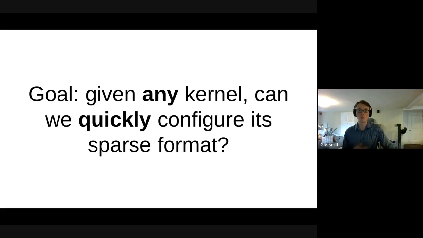We don't want to just take a kernel and then run an overnight process to check which sparse format is the best. We would like to, upon seeing a kernel for the first time, be able to quickly configure its sparse format. And really, here's one of the potential use cases: we could use it in a JIT if we had this auto-configurator that could do this quickly upon seeing a kernel for the first time. We could go ahead and use it in a JIT or some other instance where we need results fast.